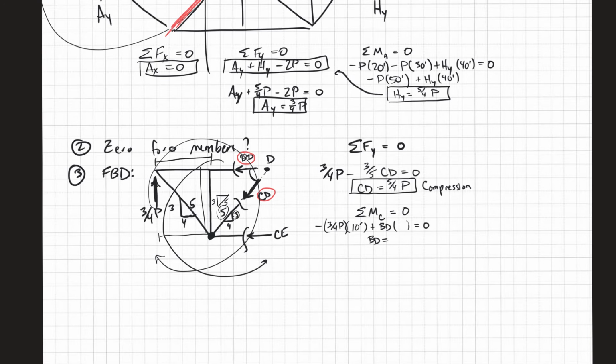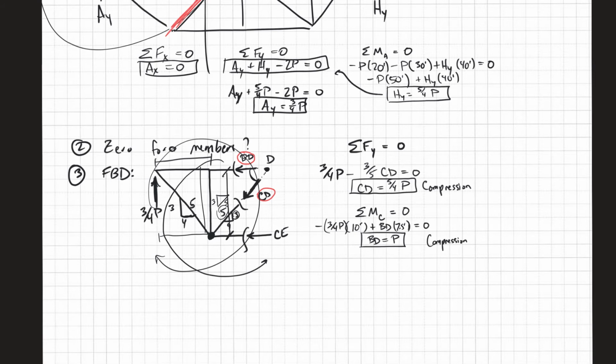Okay, and BD, which is up here, is 7.5 feet away. Okay, so now if we rearrange this, we get BD equals P. Okay, and it's a positive sign, which means I assumed compression, and it is in fact in compression. Okay, so that's how you do that one.